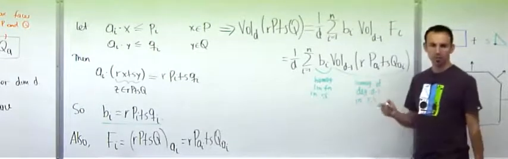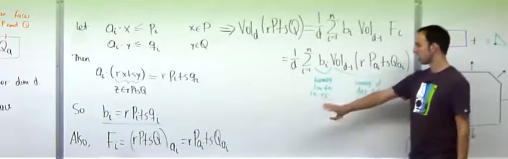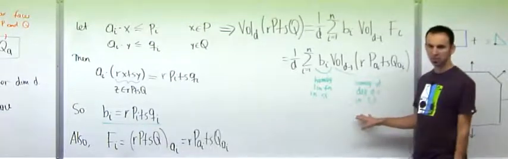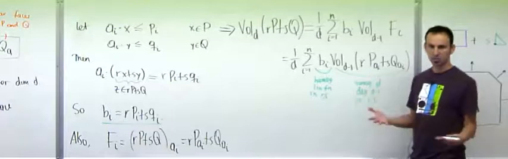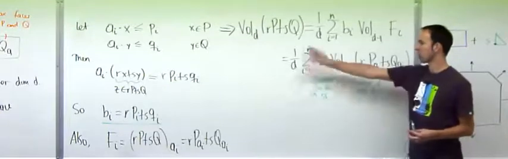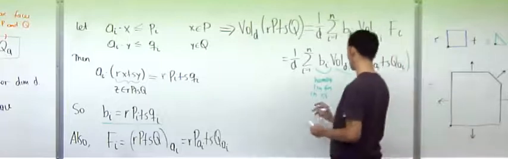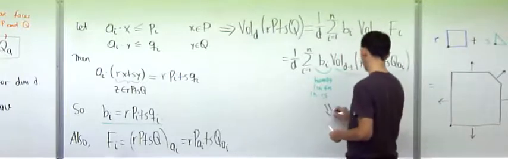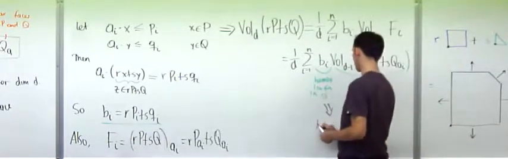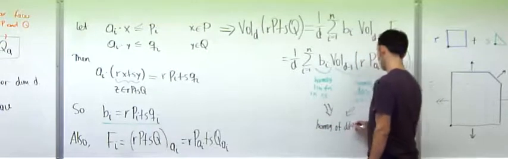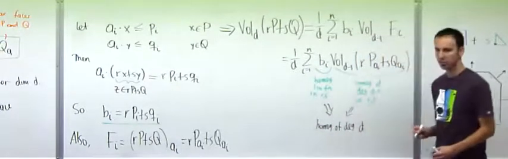And that means that if you take a homogeneous linear function and a homogeneous function of degree d-1, you're going to get a homogeneous thing of degree d. And then you add up a bunch of things of degree d, nothing changes. So this is homogeneous of degree d. And that's the end of the proof.